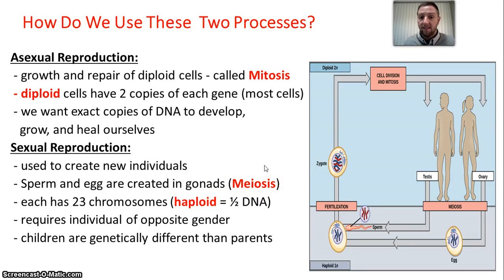Each of these haploid cells have half of your DNA. A normal human has 46 chromosomes. They have 23. One of each pair of your chromosomes. Now you need 2 individuals of the opposite gender. You need an egg to be fertilized by a sperm. And this is going to create a new individual. And that new individual is genetically different from their parents.